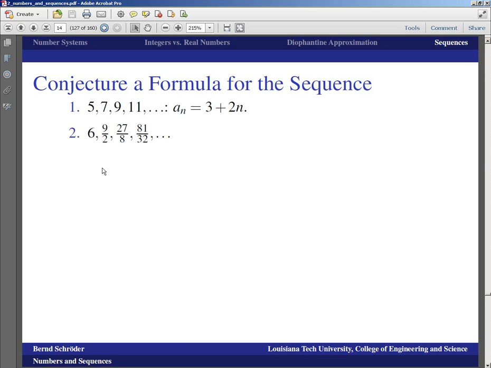Well, great. Okay, now let's take a look at this sequence. Starts with 6, then you get 9 halves, then you get 27 over 8, then you get 81 over 32. I mean, okay, what do we see here? Okay, 9 is 3 squared, 27 is 3 cubed, 81 is 3 to the fourth.